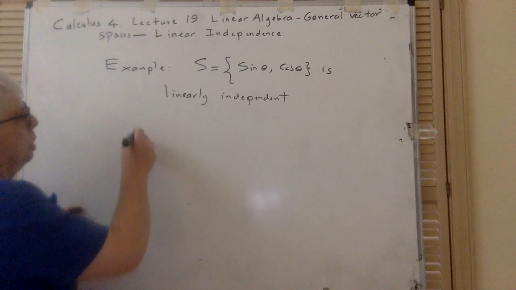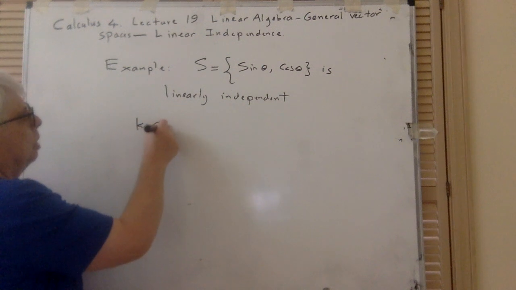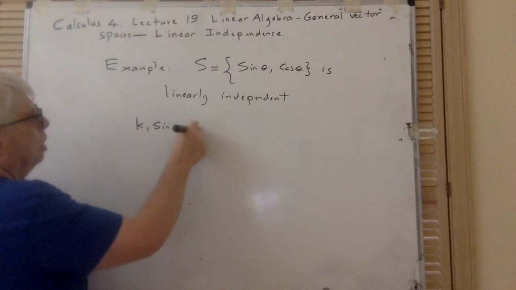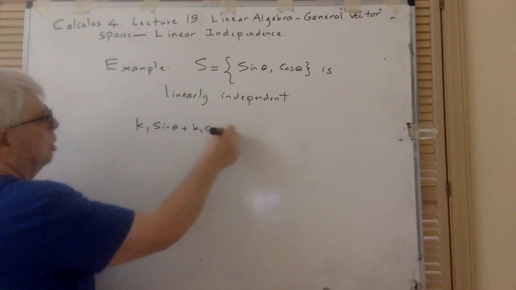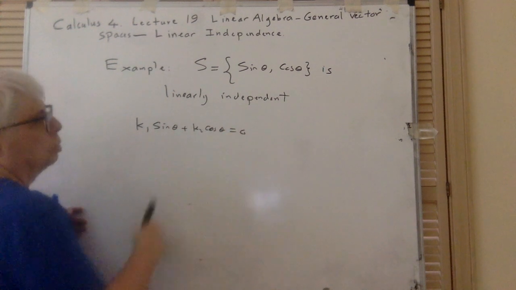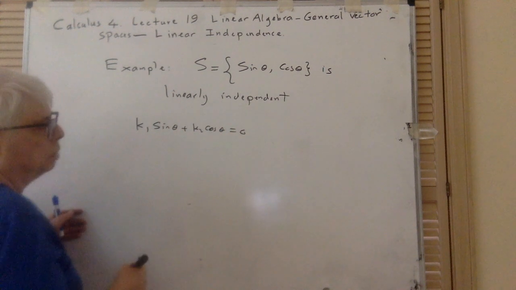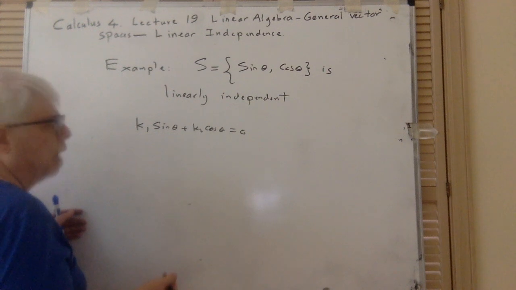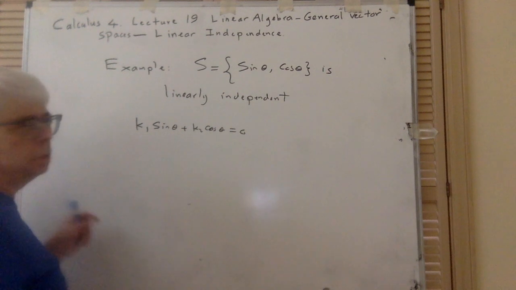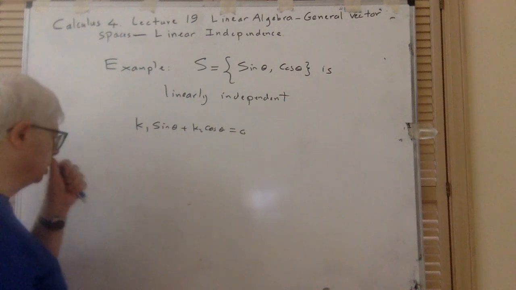Now what does this mean? It means that if I write k1 sine theta plus k2 cosine theta identically equal to 0, then the only way this can happen is that k1 and k2 are 0. That's intuition.